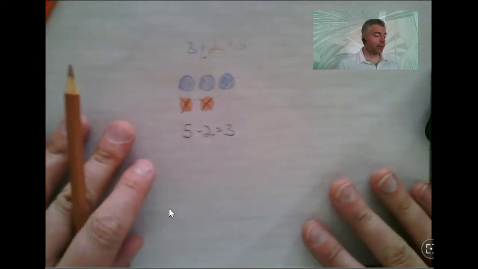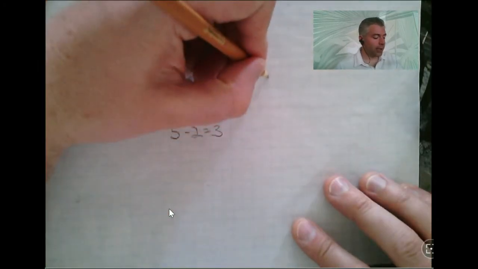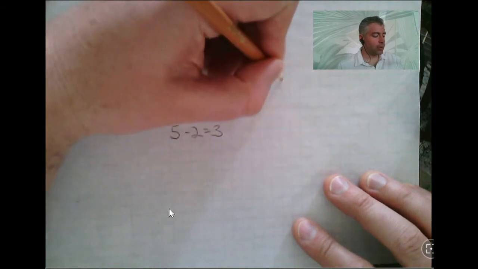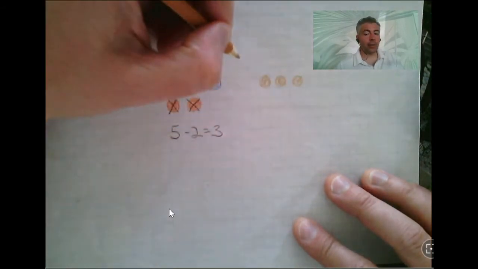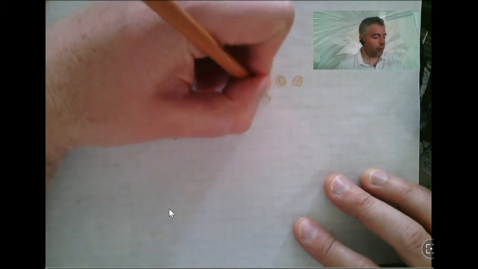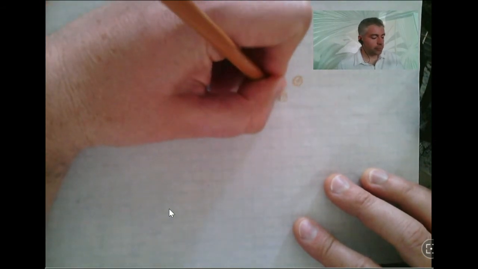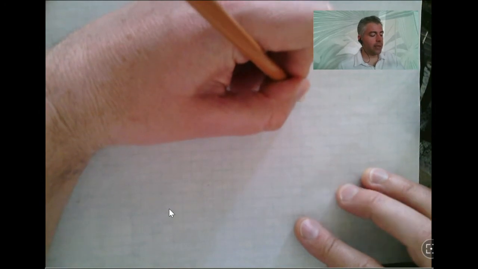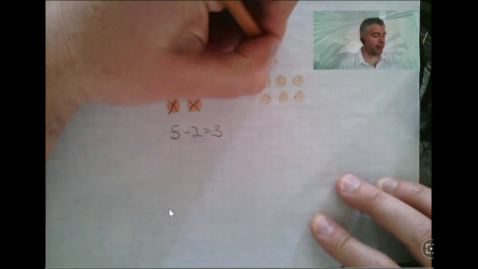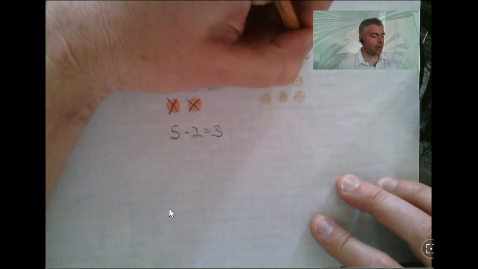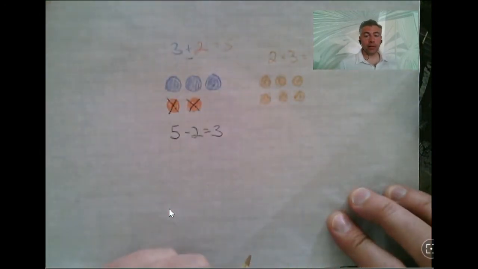Now the next level I would go from here is to then arrange these into rows. So if I have 3 counters here and I were to make another row of 3 below them, okay, now I've created 2 groups of 3, which we'll recognize as the number sentence 2 times 3 equals 6.